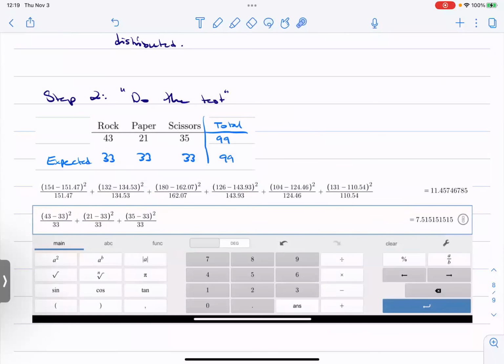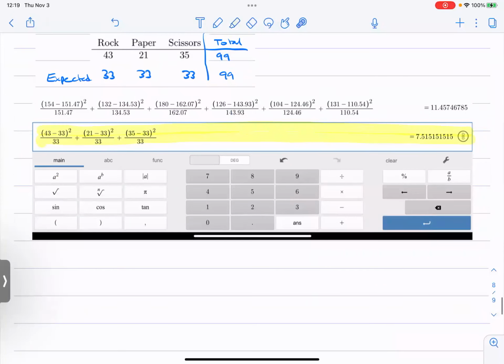This is the chi-squared we're working on now. 43, how far is it from 33? 21, how far is it from 33? 35, how far is it from 33? And we get a chi-squared of 7.51. So the calculated chi-squared is 7.51.